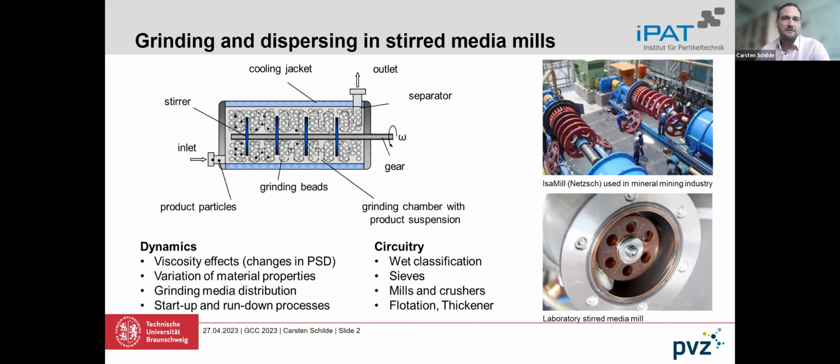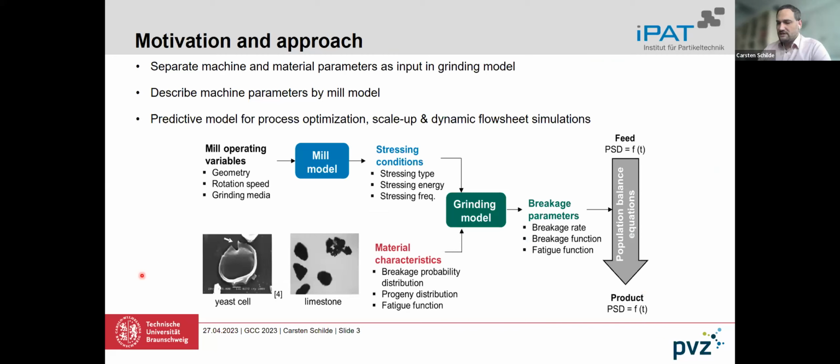So we have a steady state process operation window, but we also typically have certain dynamics because of viscosity effects, of variation in the feed material properties, the grinding media distribution, and we have start up and run down processes, and also we have this circuit operation together with other processes such as sieves, other mills and crushers, or flotation processes.